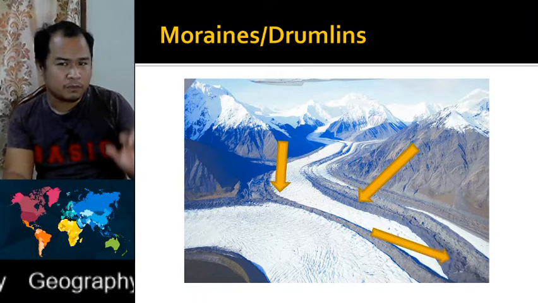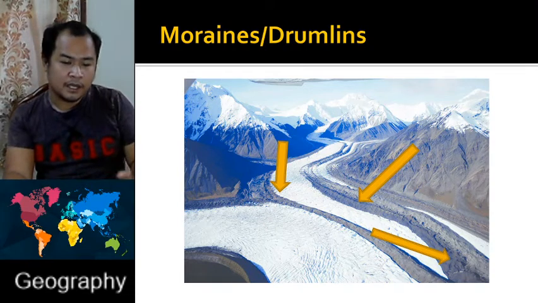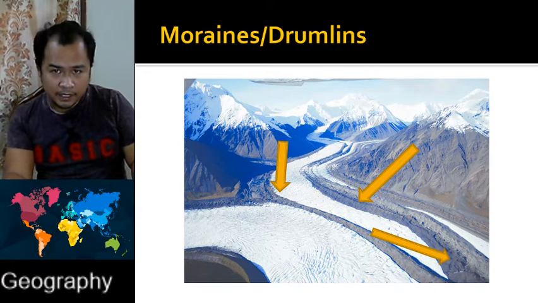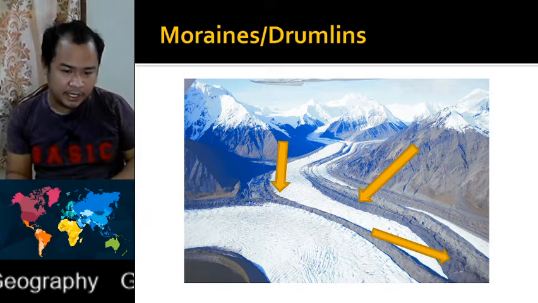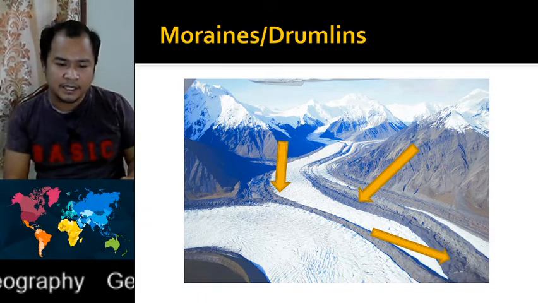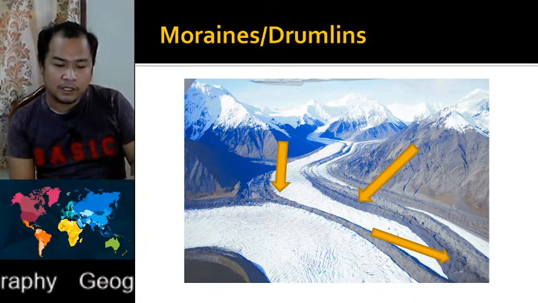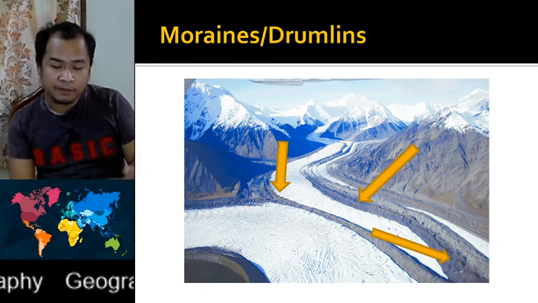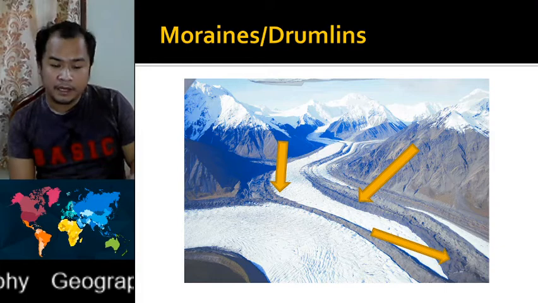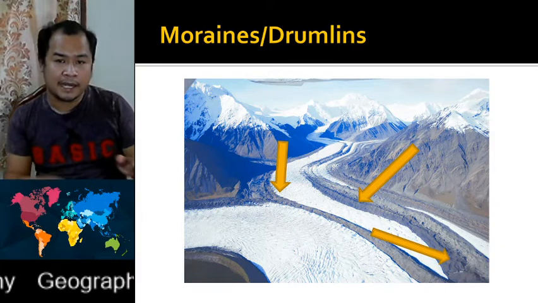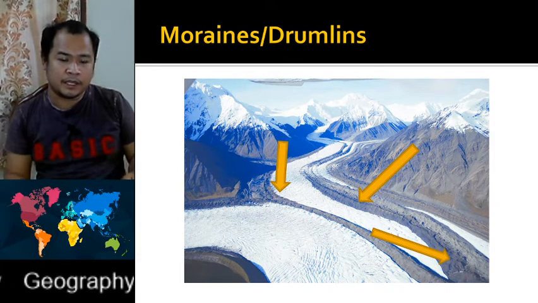So these are smaller pieces of pebbles and rocks that are deposited. It could be under the glacier or at the sides of the glaciers. In this photo, they look like sand, but if you are really there, it could be larger pieces of rocks that have been set aside by the flowing glacier.